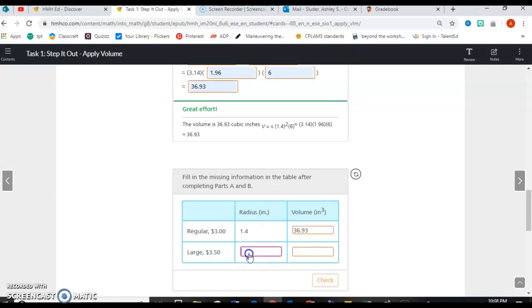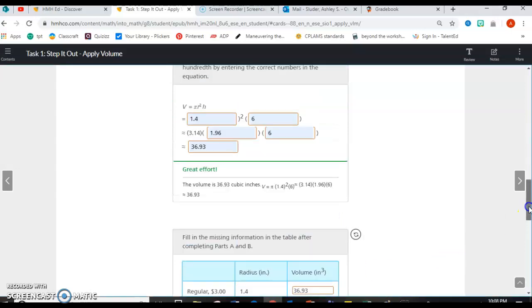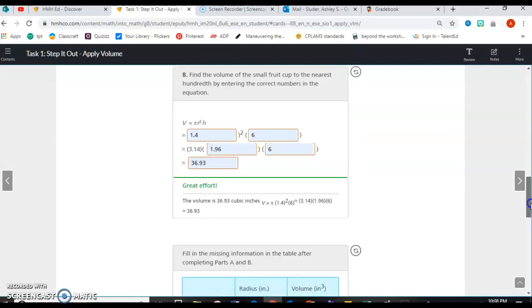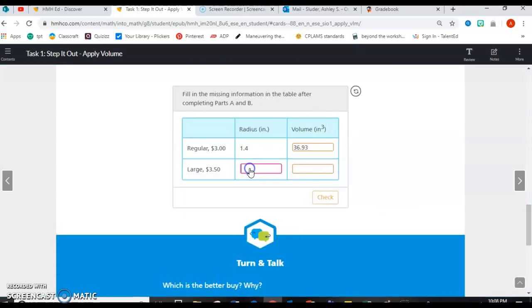The large fruit cup was the one with the diameter of 3, radius of 1.5, and the volume of 49.46.